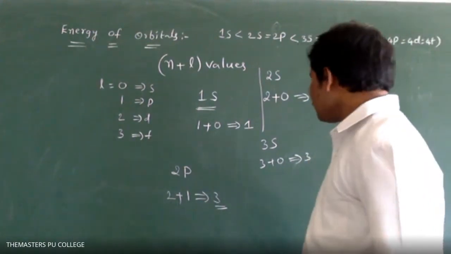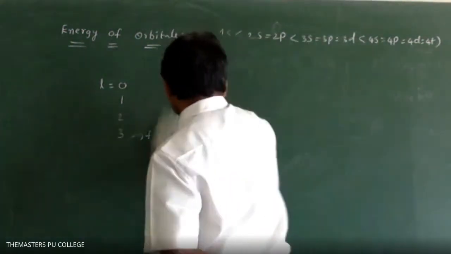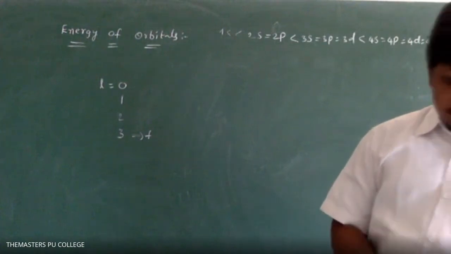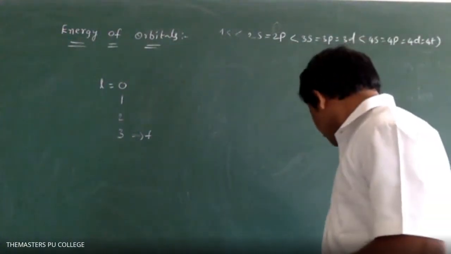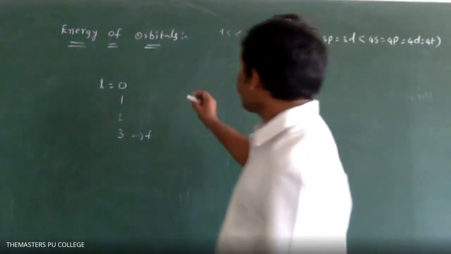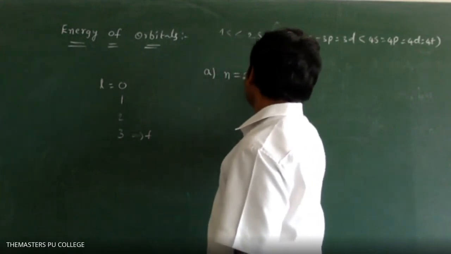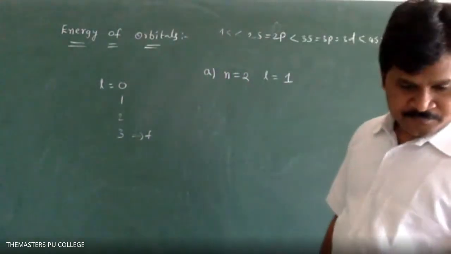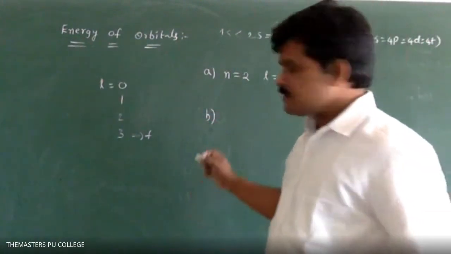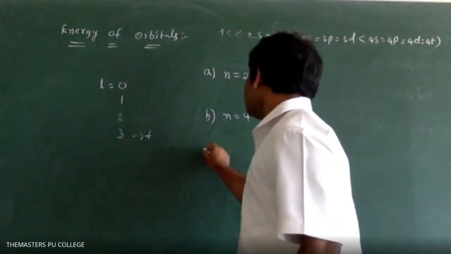Write down in the sub questions. First one, A, n is equal to 2, L is equal to 1. B, n is equal to 4, L is equal to 0.